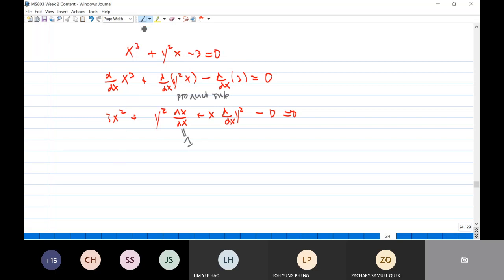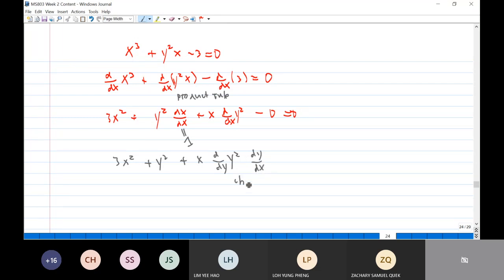So we get 3x squared plus y squared. And then how to differentiate y squared with respect to x? You differentiate it with respect to y first, then times dy/dx.